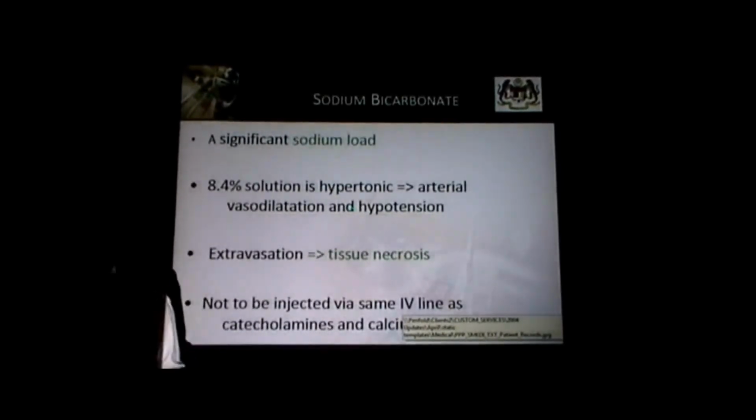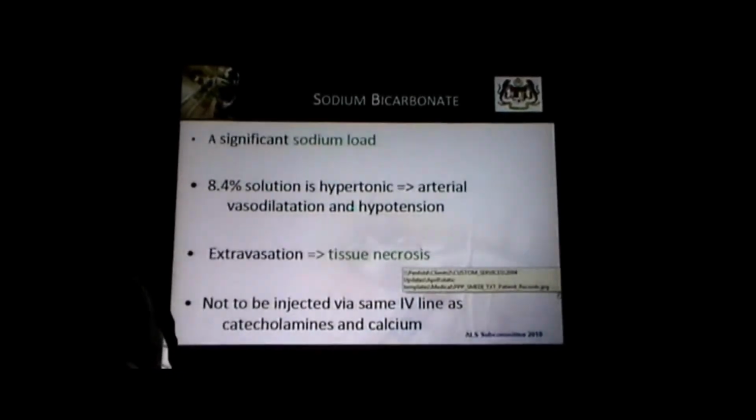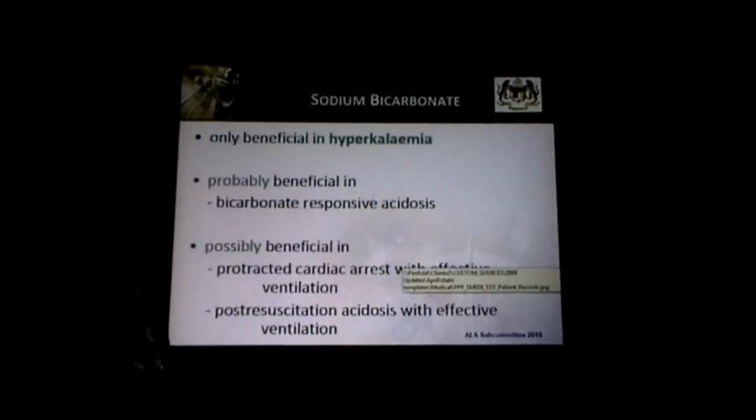Okay, sodium bicarb. Sodium bicarb will be given in patient with acidosis. Remember, you always ask for ABG and VBG to look for the reversible causes. Okay, so please use a special line. We don't want it to be injected at the same line with your inotropes and your calcium.